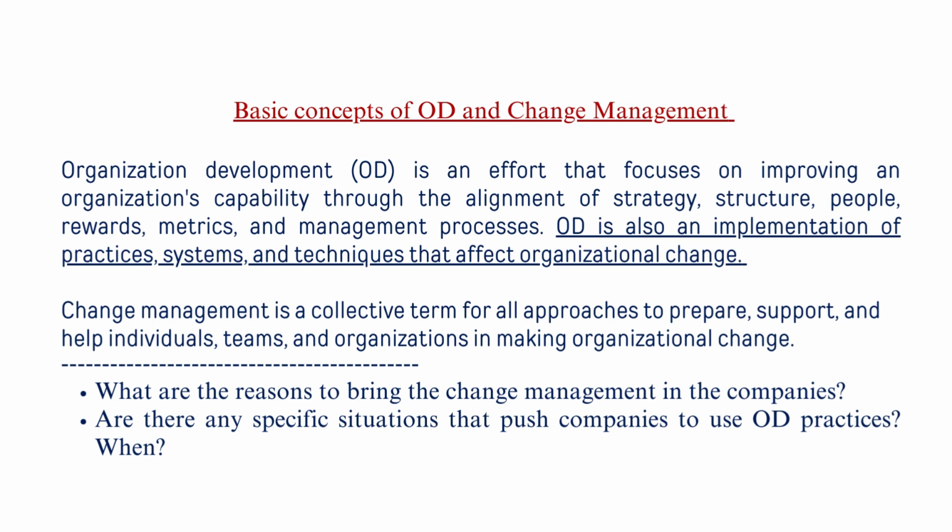Now, if you see one more point in the same paragraph that's underlined, OD is also an implementation of practices, systems, and techniques that affect organizational change. Because you thought these things, you listed down all of the positive things for your company. So all those aspects are actually ready for the implementation of systems and practices that you really want to adopt so that your organization can move into the right direction.